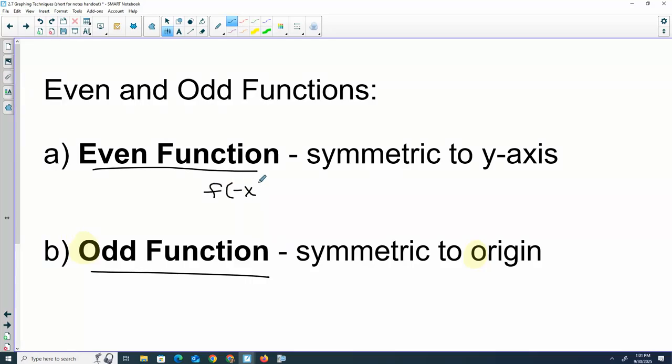So you could plug in a negative, and if you get back your original function, it's even. Odd says both the x and the y flip signs. So if you plug in a negative x, you have to get the opposite of y. So what we could just do, it's a little bit faster, plug in negative x. If we get the original function, it's even. If we get the exact opposite, it's odd. And anything else is neither.